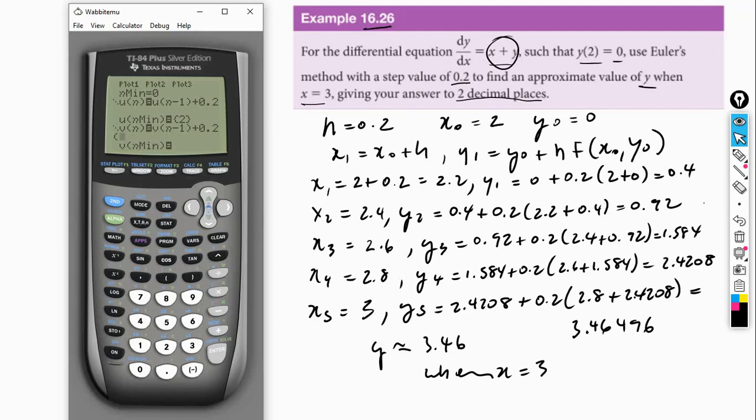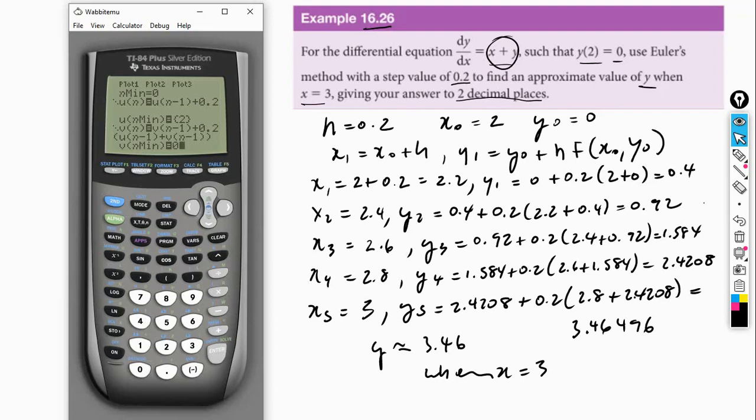But in general, it would be u of the previous term, n minus 1, plus the previous y term, so v of n minus 1. And we have to close this parenthesis and the other parenthesis. Next, we have to put the minimum value for y, which is 0.